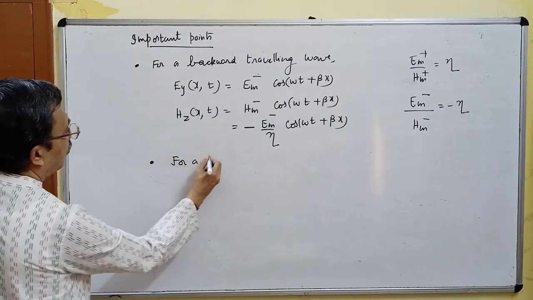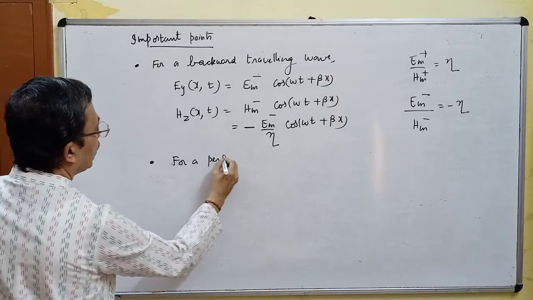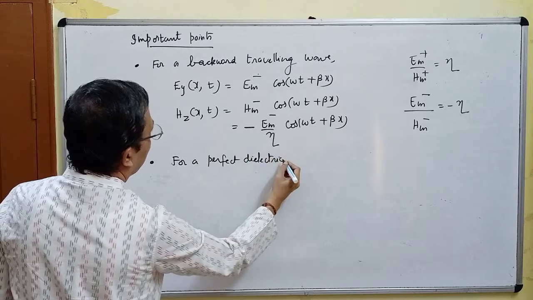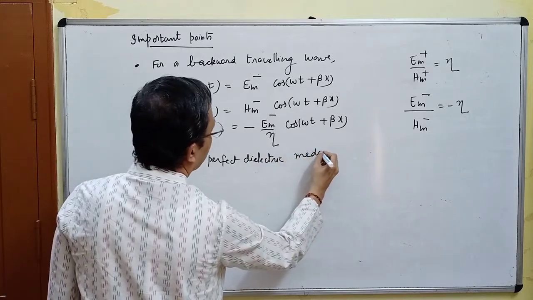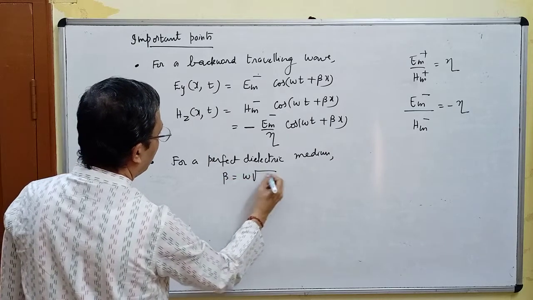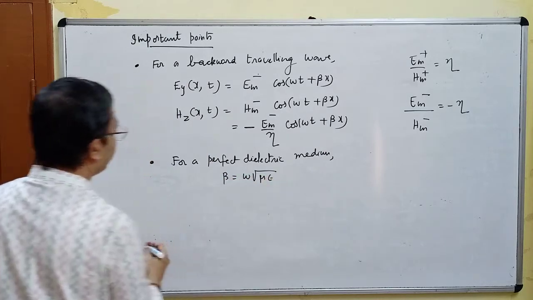For a perfect dielectric medium, beta is equal to omega into root of mu epsilon.